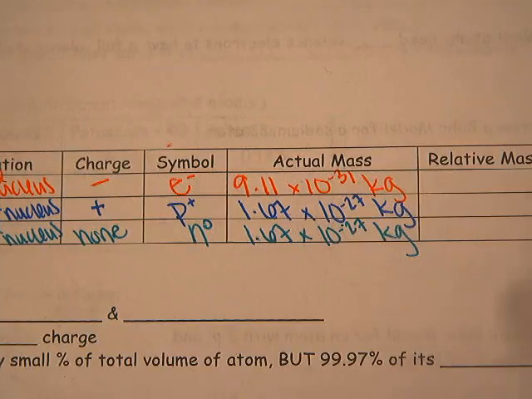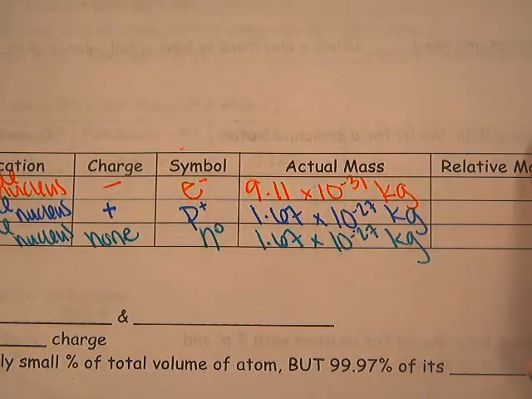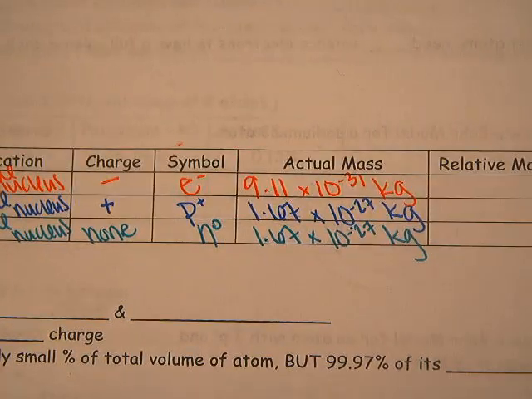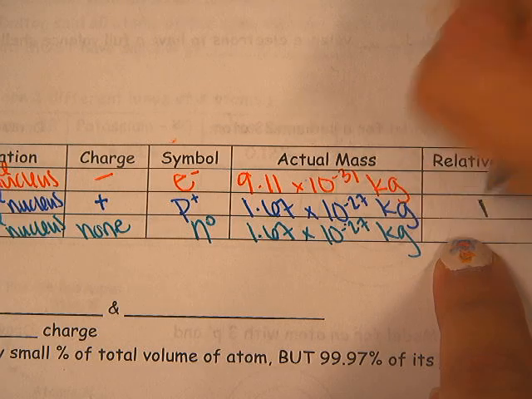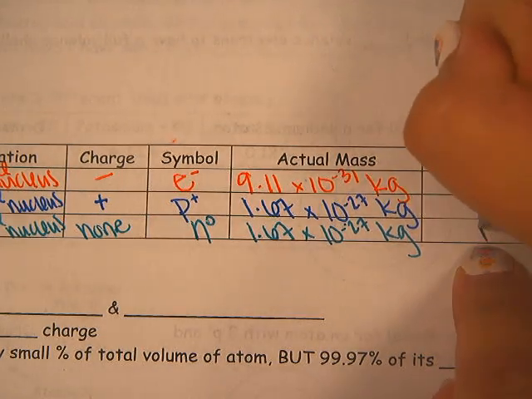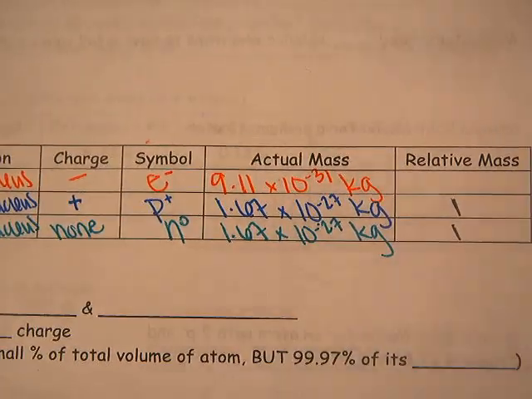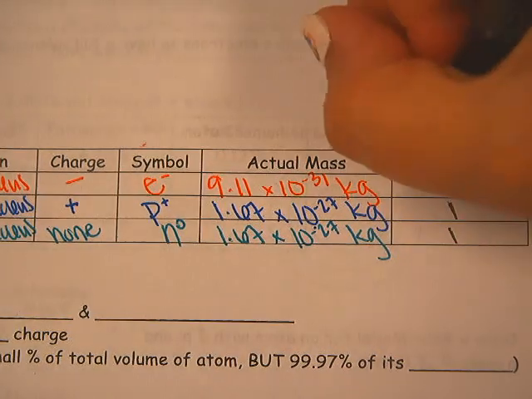So we're going to assign the relative mass for protons and neutrons to be just 1 for each of those. So the proton has a relative mass of 1, and the neutron also has a relative mass of 1. So what we're taking this as is that an electron has such a small mass when compared to the proton or the neutron that we just consider it 0.